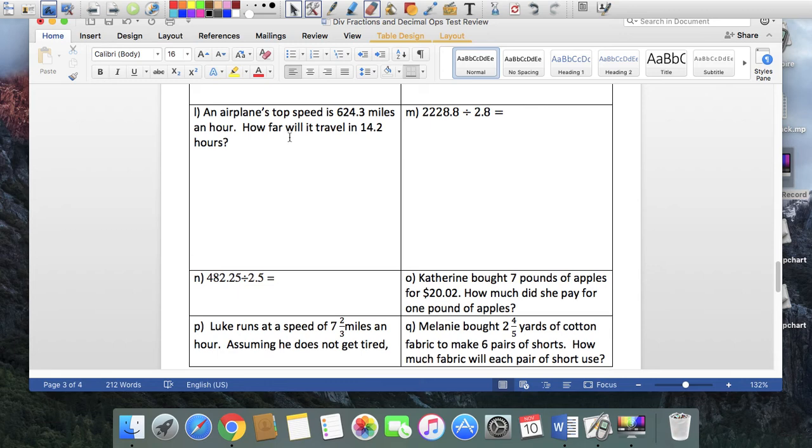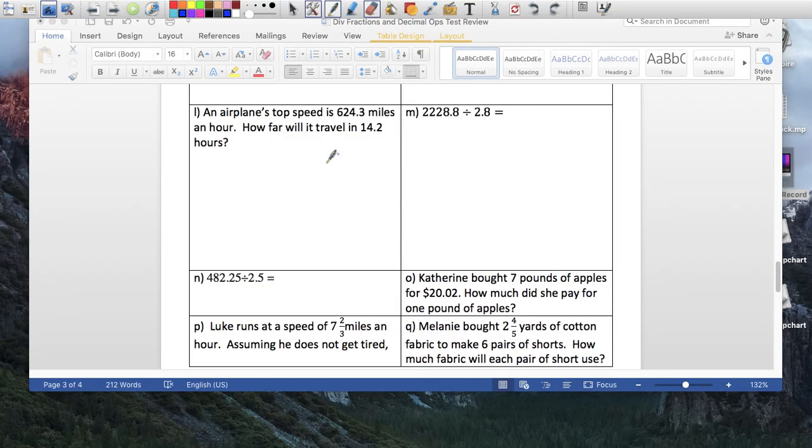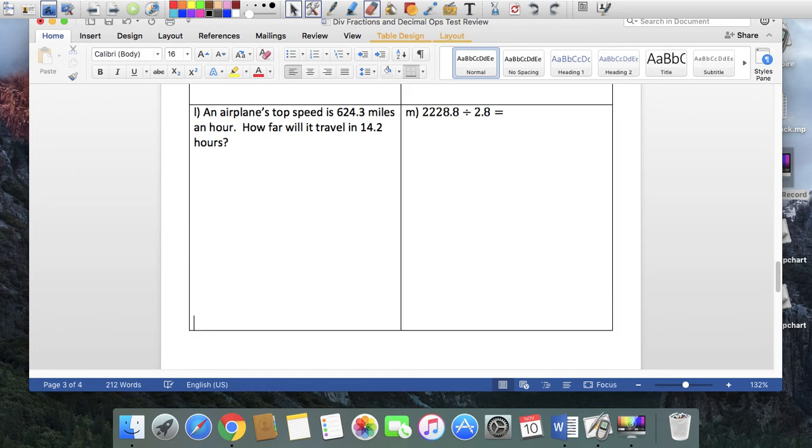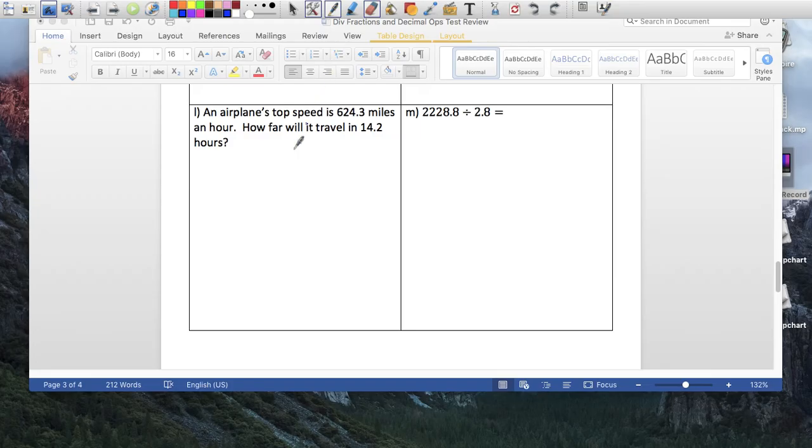No mistake here. So the speed: every hour the airplane covers 624.3 miles. It's going to travel for 14.2 hours. So let's see how far it's going to travel.